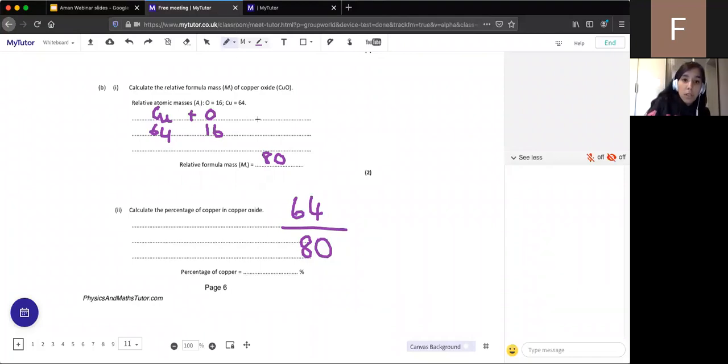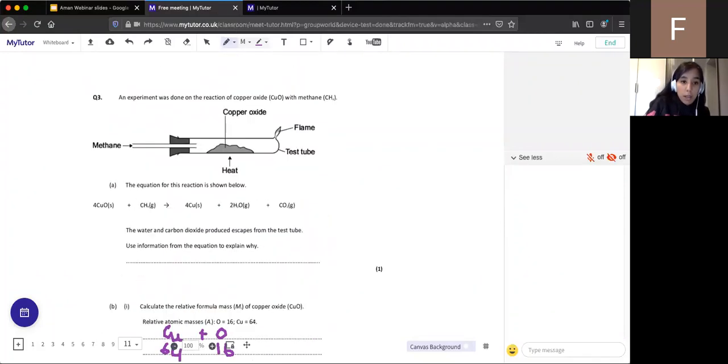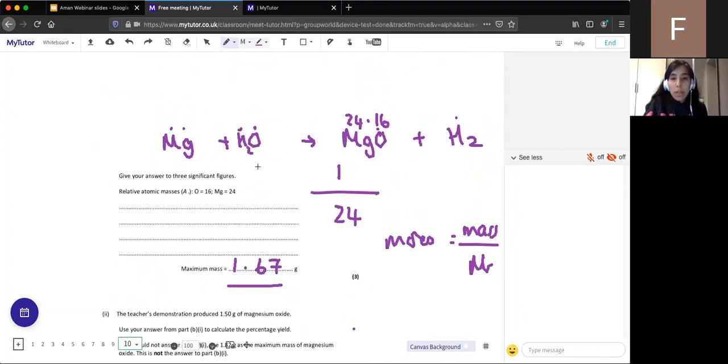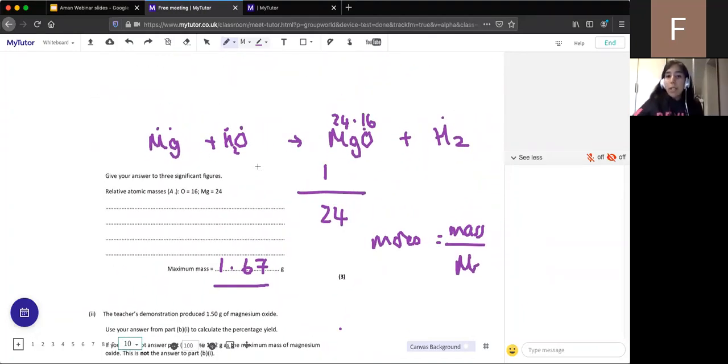Okay, that's fine. So let's go back to the previous question. On this question, we calculated the percentage yield of magnesium oxide formed. And we said that the percentage yield was 1.5 divided by 1.67. So that is the mass produced by the teacher. That is the actual mass that you produced in an experiment, which was 1.5, divided by the maximum mass that can be produced.